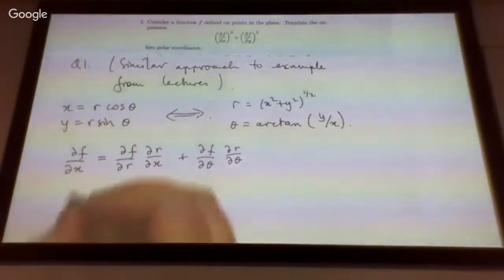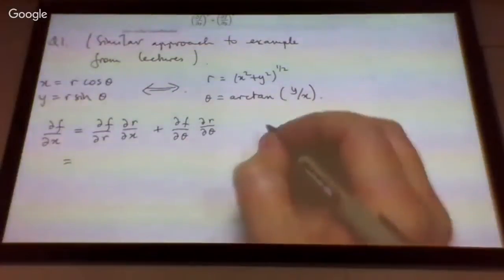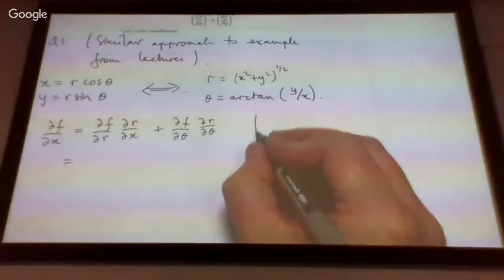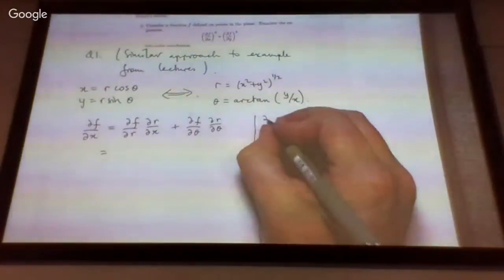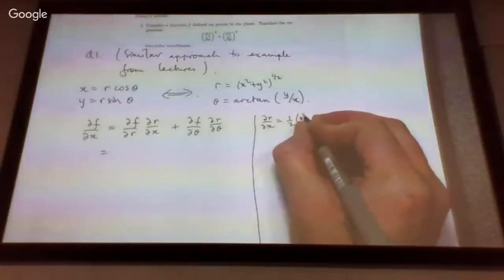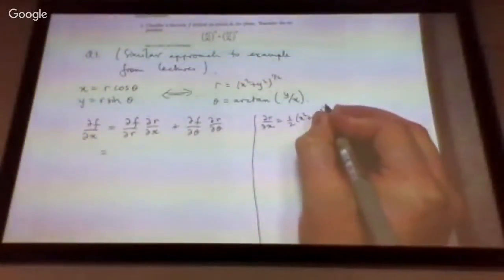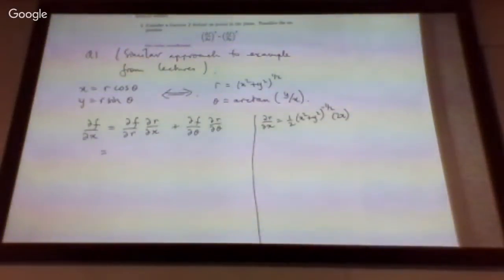Now, just as in the lecture, dr dx, I'll do this calculation down the side. Dr dx using the chain rule will be a half of x squared plus y squared to the minus a half multiplied by 2x. It's using the chain rule to differentiate r with respect to x.